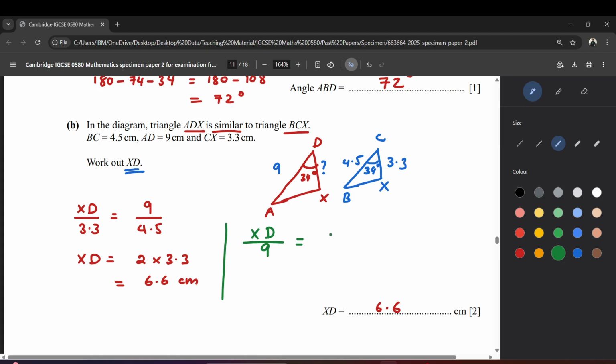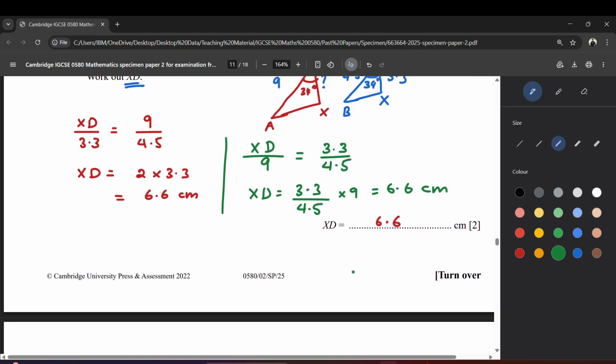That is 3.3, and then another value of the triangle corresponding to 9 is 4.5. So you would still end up with the same answer, 3.3 over 4.5 multiplied by 9. When you work this out, you would still get the same answer. Whatever method you use, they'll give you the same answer, but be consistent in what values you use.